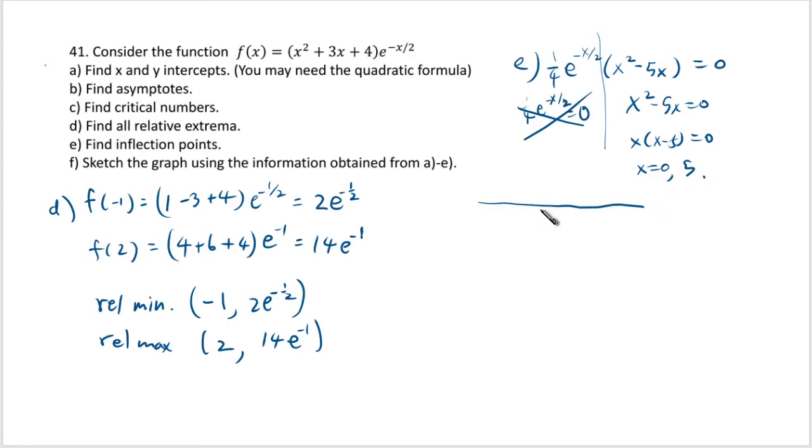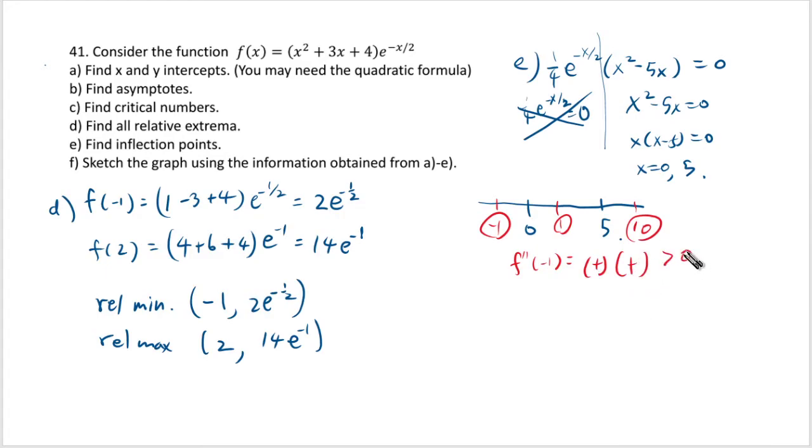Okay, and you really need to check whether the concavity does change. So let's pick some test points. I think we forgot to do this on the previous question. Yeah, the final answer is right, but we skipped this part. So f double prime of negative 1 is going to be positive, because exponential functions are always positive, and negative 1 squared is positive 1. Actually, we did calculate this. It was a positive number, right?